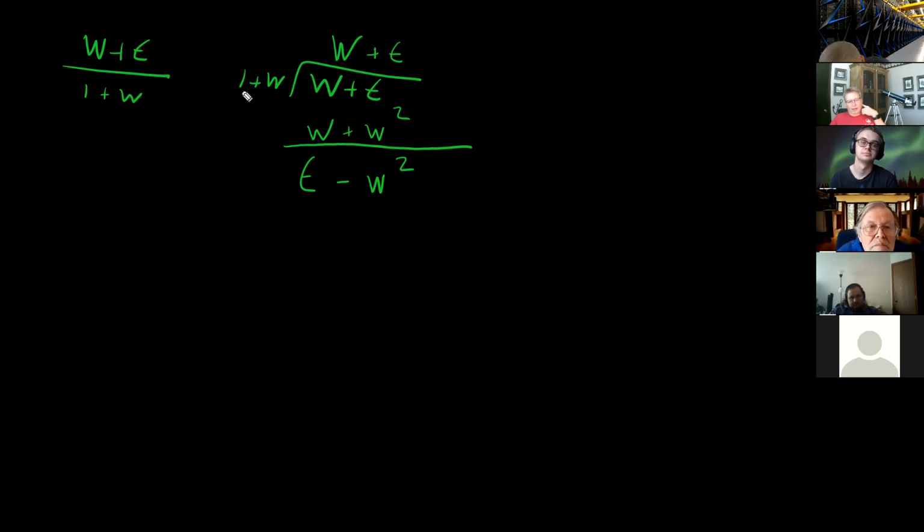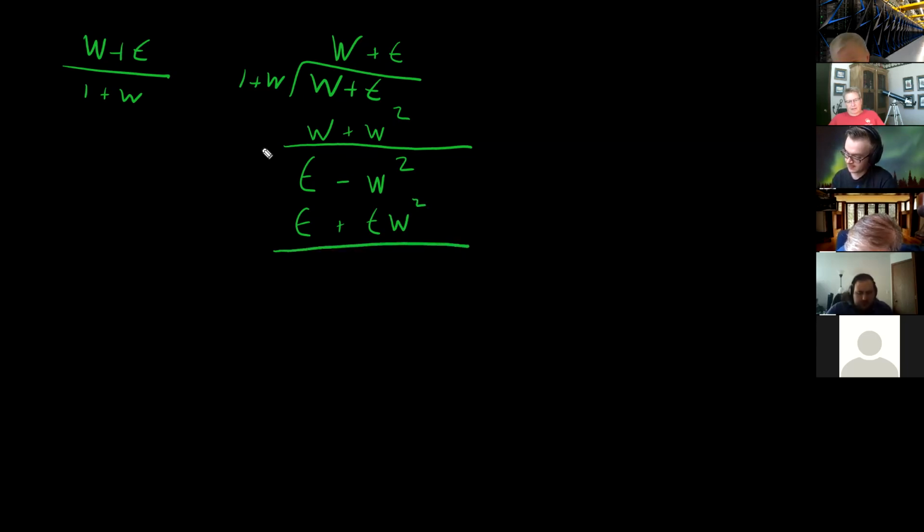Epsilon times 1 is epsilon plus epsilon times W squared. Subtract: epsilon minus epsilon is 0, minus W squared minus epsilon W squared.